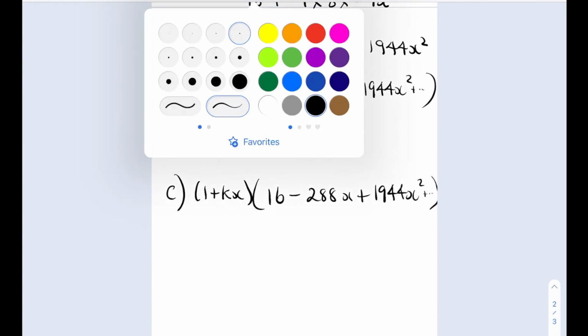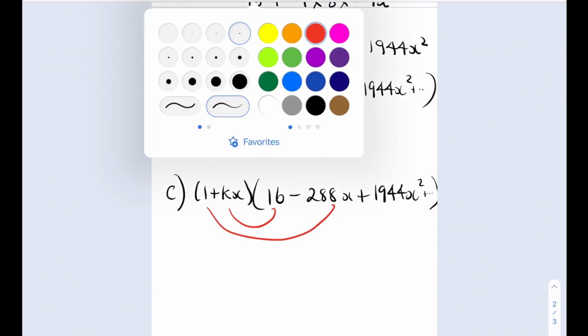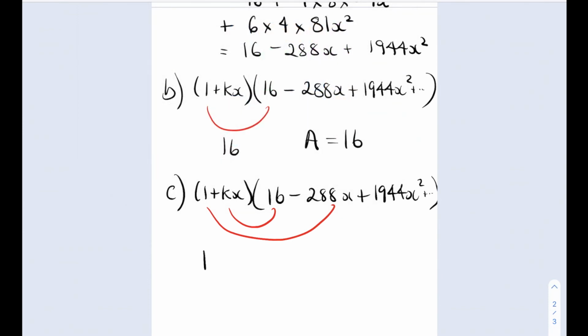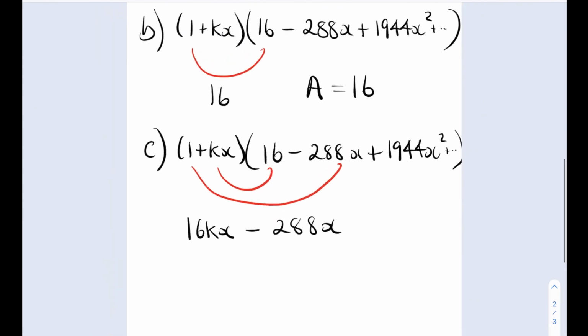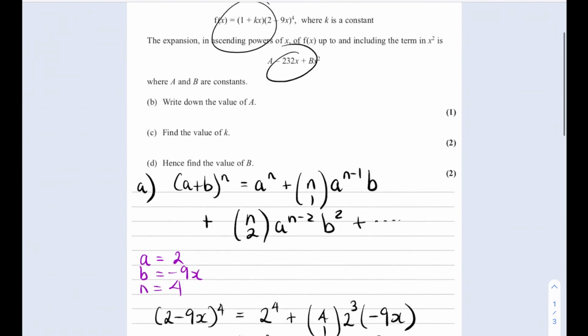Now, my x terms come from here and here. So I'm going to get 16kx minus 288x. Okay, so 16k minus 288 must be equal to minus 232.